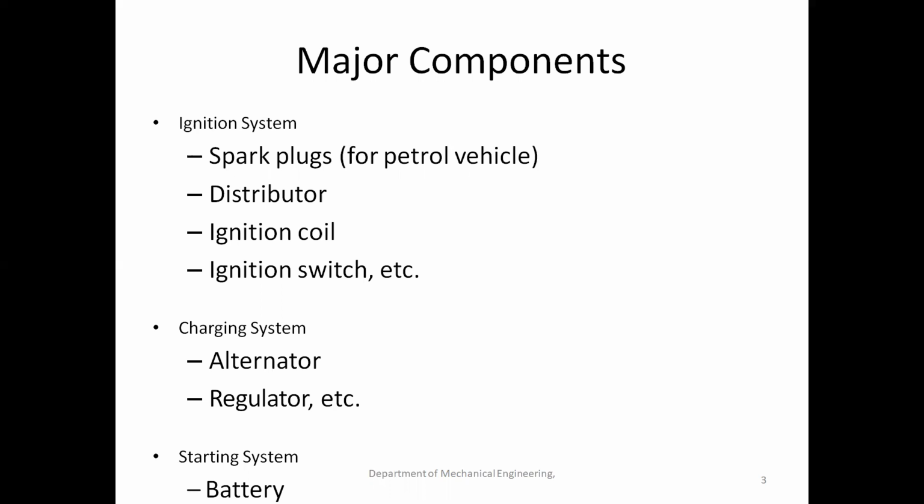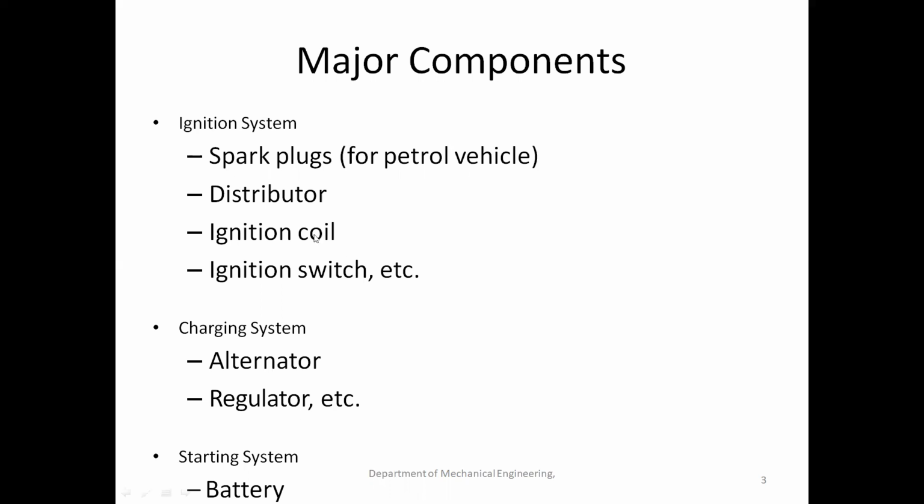That means battery charging is available, the electricity is generated, and that electricity is converted into a spark on the spark plug. Whenever the spark is created on the spark plug, automatically the power is developed on the piston and cylinder, and the piston is running.